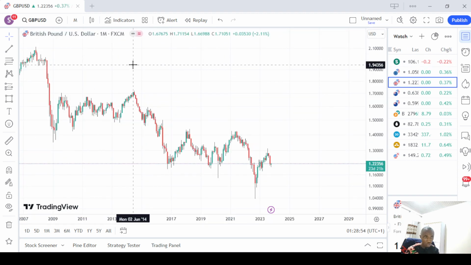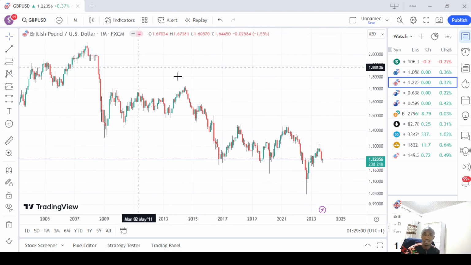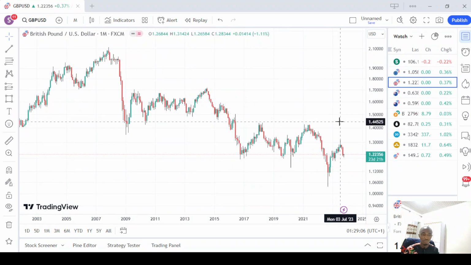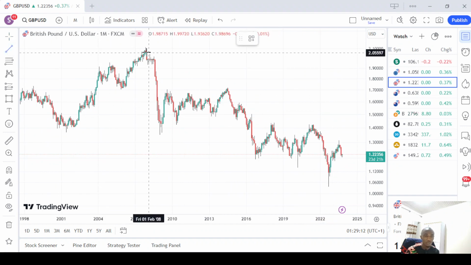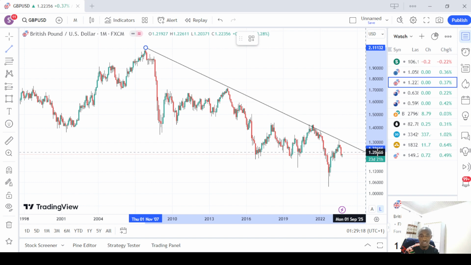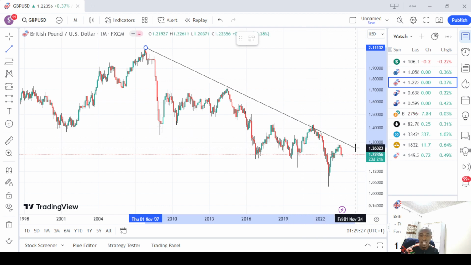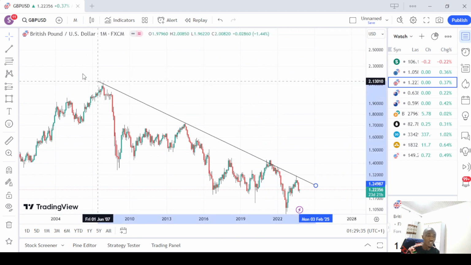I'll be plotting on GU also. Sorry, I'm having a little bit of cough, catarrh. So next on GU, I'll start with the trend line. For the trend lines, you must ensure that at least two major tones meet.